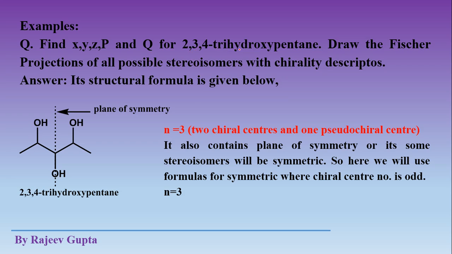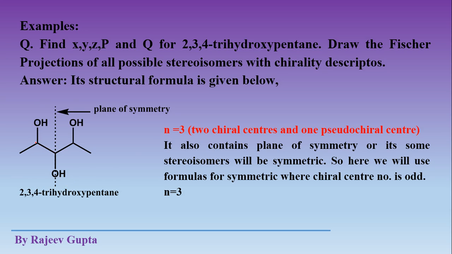So see, 2,3,4-trihydroxypentane, this is the simple structure as drawn here. We can see there are 1, 2, 3, 4, 5, total 5 carbon atoms, that is pentane, and at the 2, 3, 4 positions, hydroxy groups are present. We can see that a plane of symmetry is possible in this type of arrangement, so this molecule is symmetric, at the second carbon.